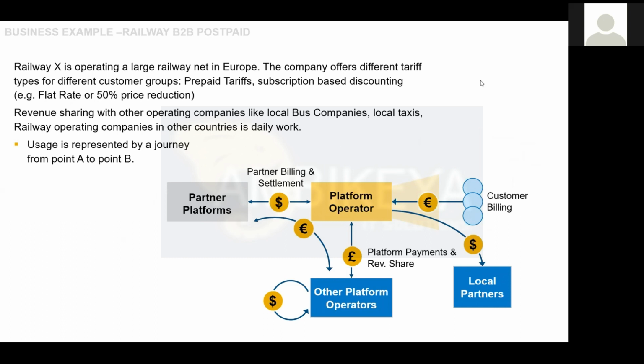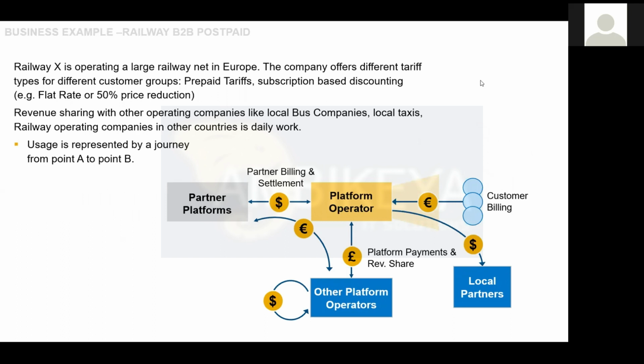Another industry example is the railway industry. We assume that Railway X is operating a large railway net in Europe. The company offers different tariff types for different customer groups: prepaid tariffs, subscription-based discounting, flat rates, or 50% price reductions.